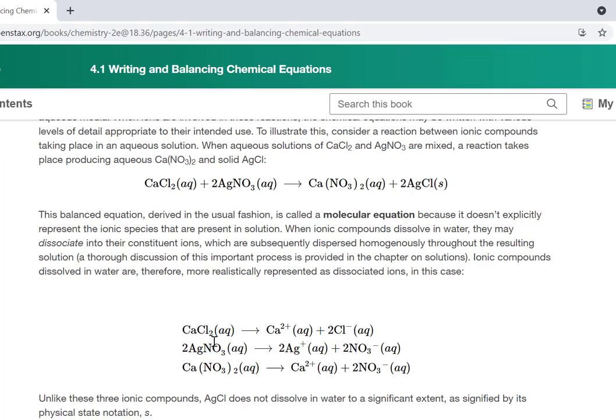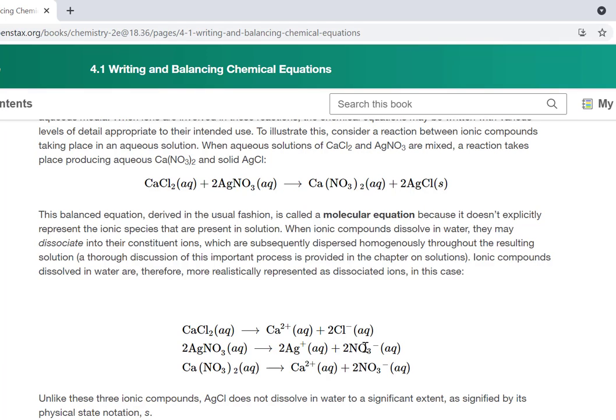When that happens, it's almost always going to be that you have a polyatomic ion and you have whatever else, the metal, silver in this case. So we break it between what's not the polyatomic ion and what is. So here we have silver as one part of it, and then the nitrate ion is the other part of it. So that's one difference.